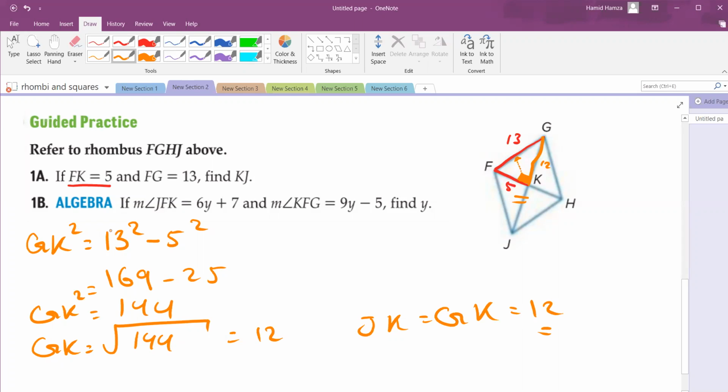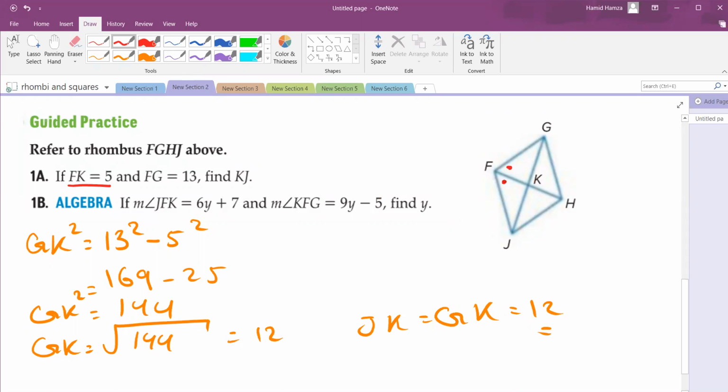Okay, the next one. Let me erase all of this. If the measure of angle JFK, this one, and angle KFG, this one.